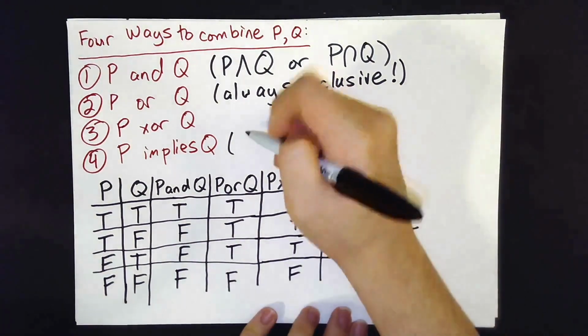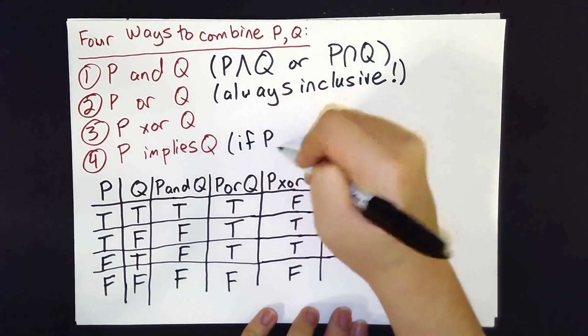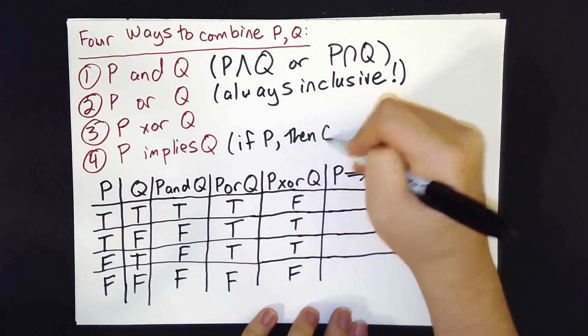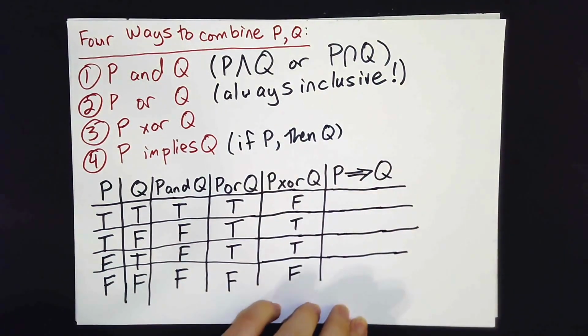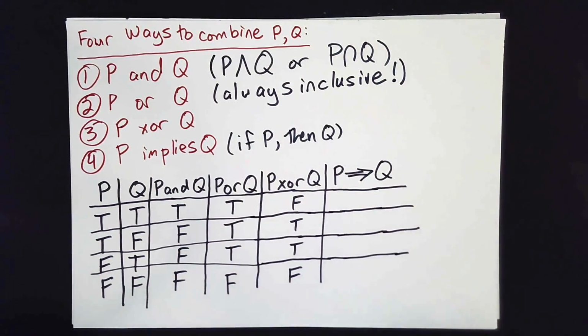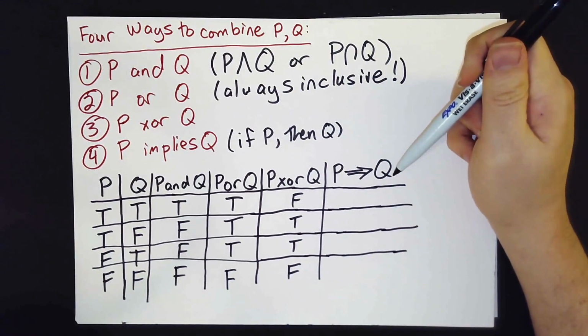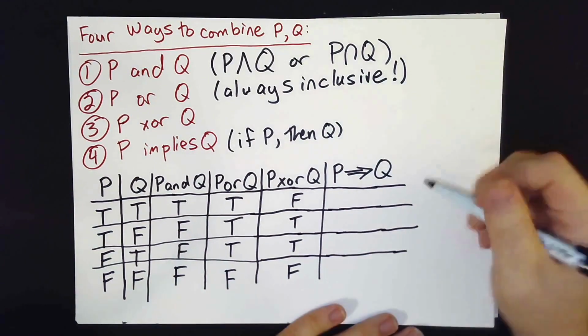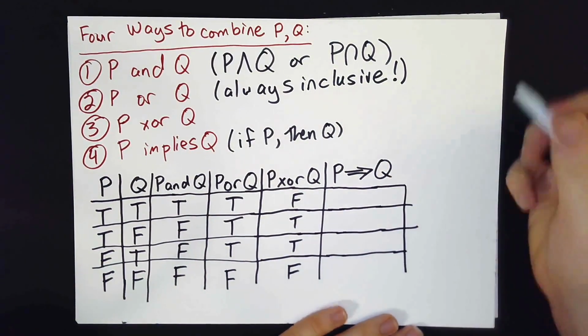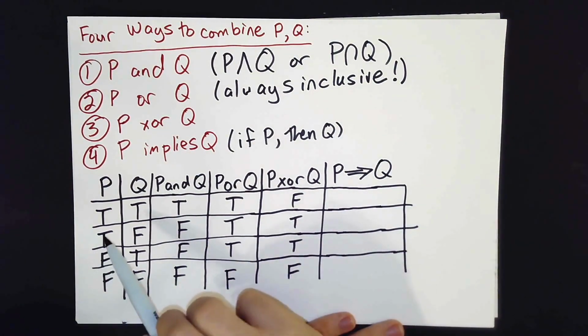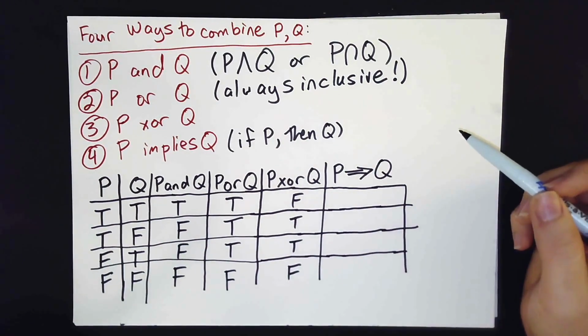But we also might say, for example, if P then Q. That's probably the most common construction. But we'll see that mathematicians have a lot of different ways to express this idea. But what is this idea? Well, this idea is that as soon as P is true, we know Q is true.